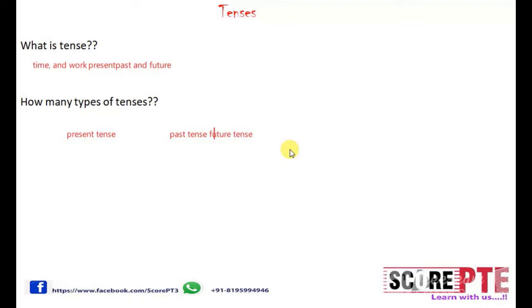Time shows a work situation. In present tense we have simple present, present continuous, present perfect, and present perfect continuous.